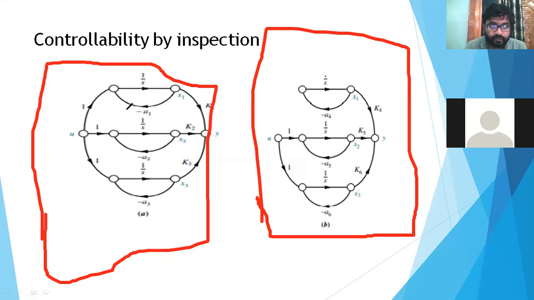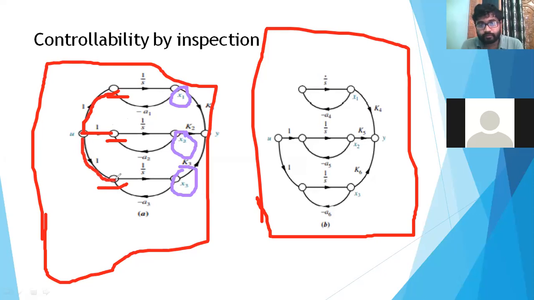Now here, this is state variable 1, state variable 2, state variable 3. This is the derivative of the state variable. You see, all the state variables are connected through the input.